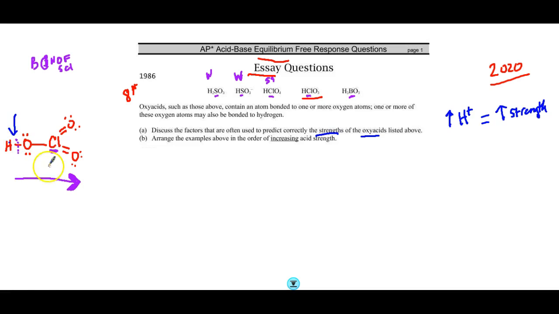And so there are a couple of things at play here. So we've got different central atoms. So I'm just kind of making a little list. So we got central atoms are different, and we have different numbers of oxygens, even on the same central atom.